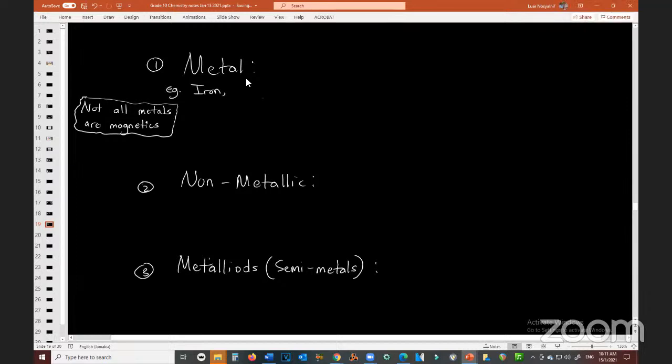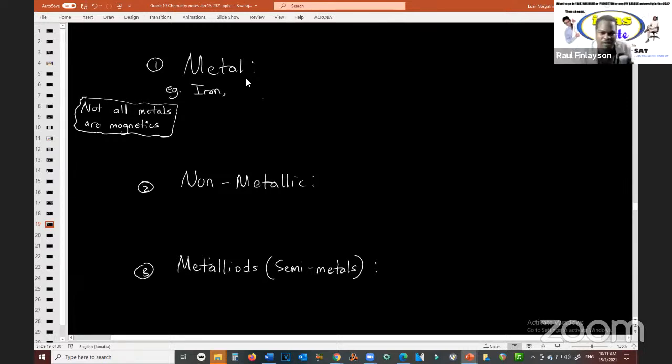Okay, sir. So when you look at things, what are the characteristics of a metal? But somebody is asking how not all metals are magnetic. It turns out, guys, only about 10 metals are magnetic. The magnet only tells you that one of those 10 metals is in something.